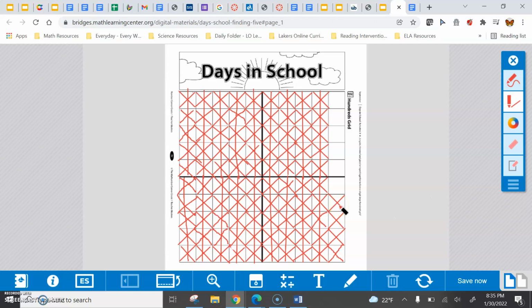Ooh, if we're at 94 and we're trying to get to 100, which is up here at the top, how many more days do we need to make it to 100? We have 94. We have 1, 2, 3, 4, 5, 6.